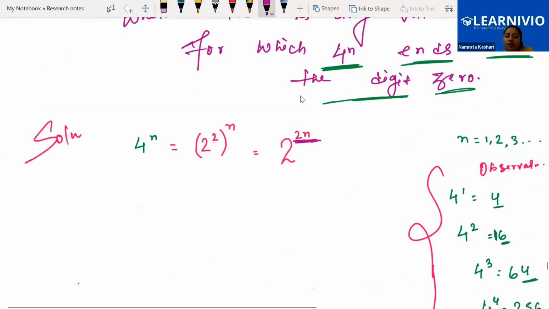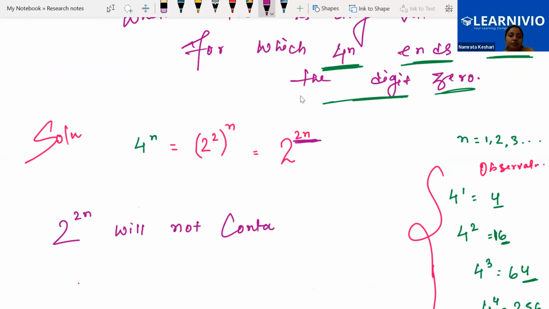Let me write it over here. 2 to the power 2n will not contain 5.